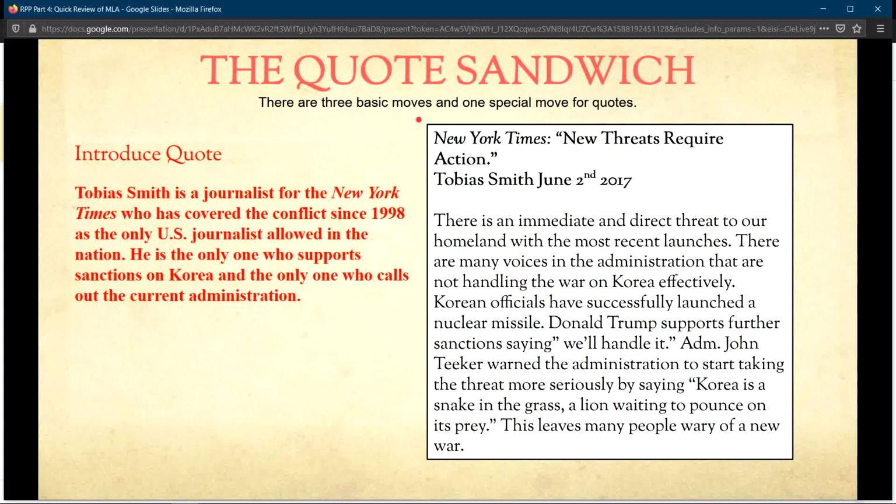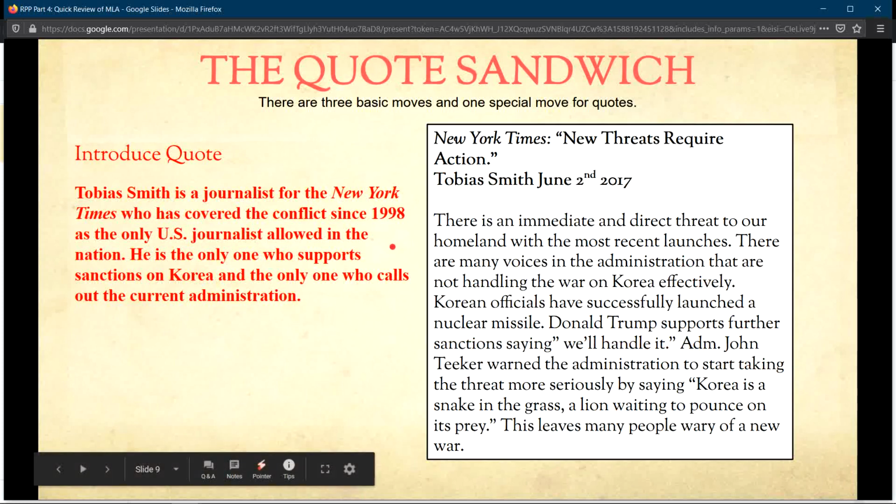There are 3 basic moves and 1 special move for quotation sandwiches. First, you want to introduce the quote. And basically what they do is they introduce the quote, and then they find a source that sort of supports it.